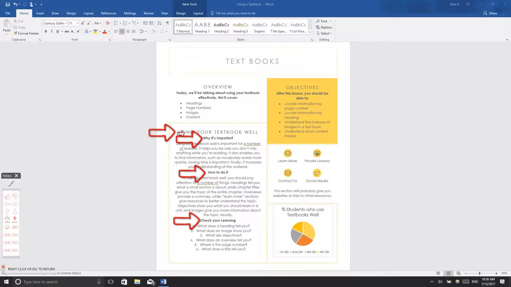In this case, this first paragraph here will tell us why it's important to use your textbook well. The second paragraph here will tell us how to use your textbook well. And this final paragraph here will help us check our learning about using our textbook well. So I'm going to zoom in and go ahead and read these to you.